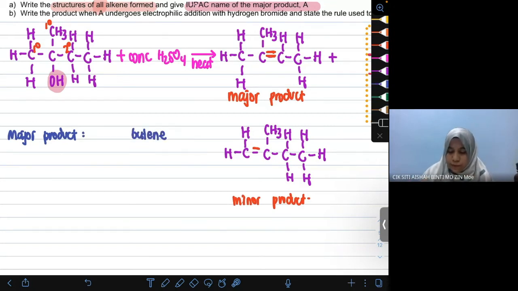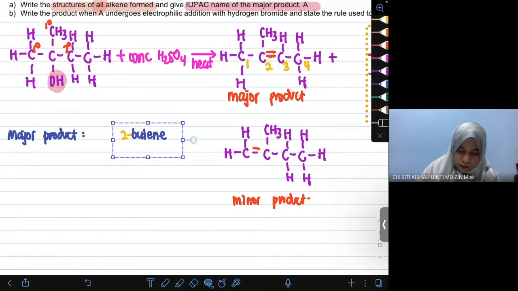Tapi butene tu ada double bond pada carbon number berapa? When we come back, it's carbon number 1, carbon number 2, carbon number 3, carbon number 4. Okay, so it means that the structure is 2-butene. However, in this case, not only do we have 2-butene, we have another carbon here, CH3.